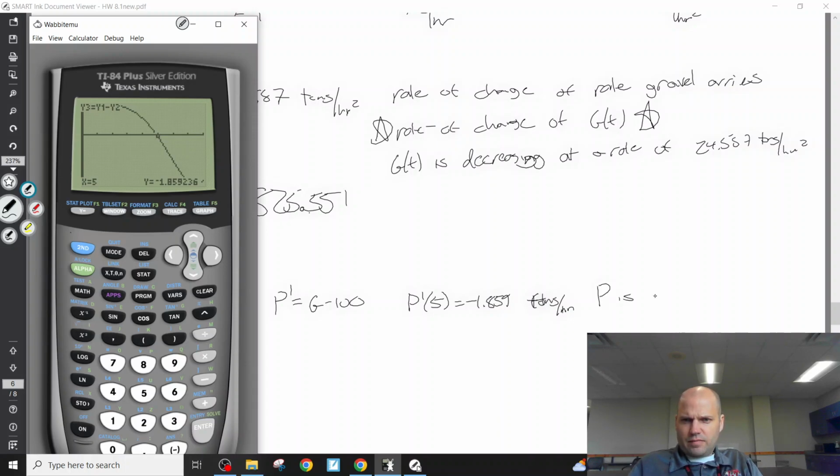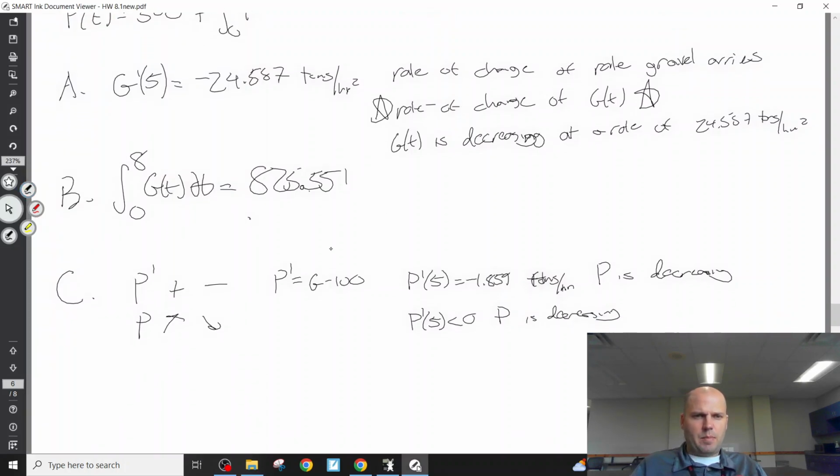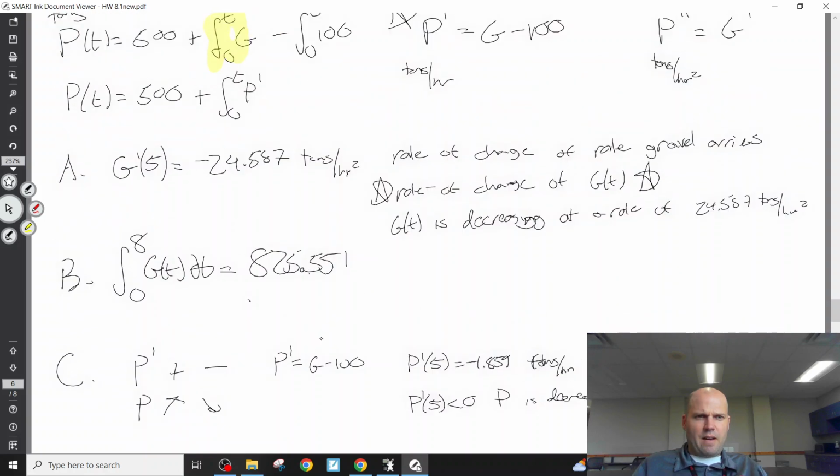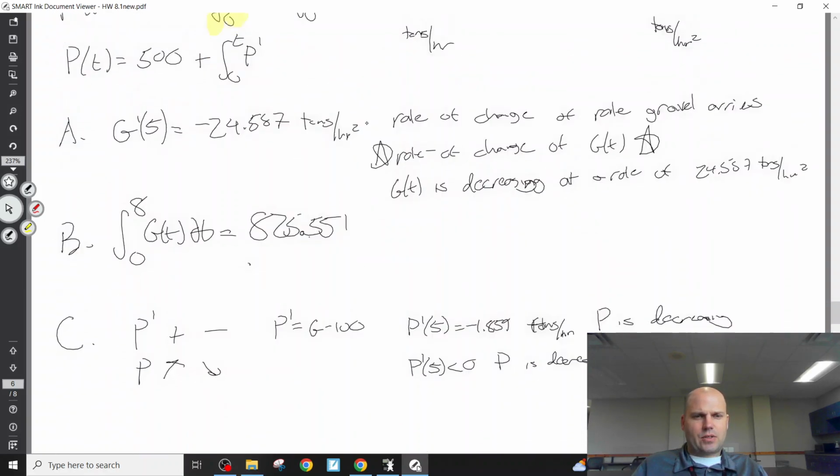P is decreasing because the derivative is negative. It doesn't ask you to explain by how much. You could have just said P prime of 5 is negative, P is decreasing. Think of P being like a position, not being worried about it. We're good with that. Probably fine for the max or the min.